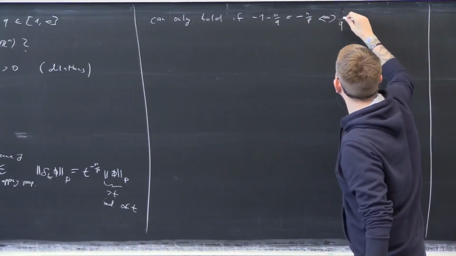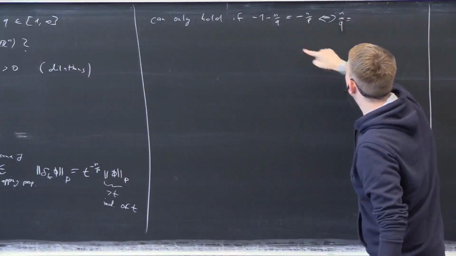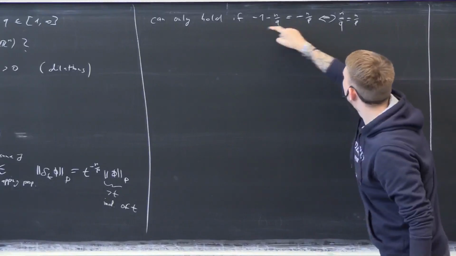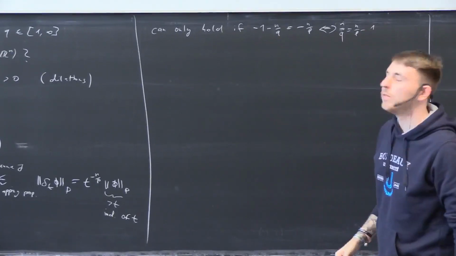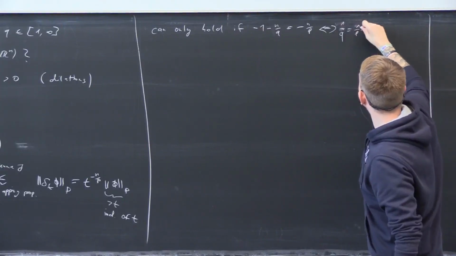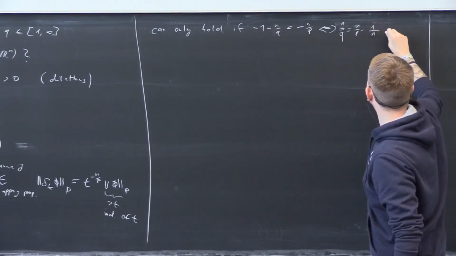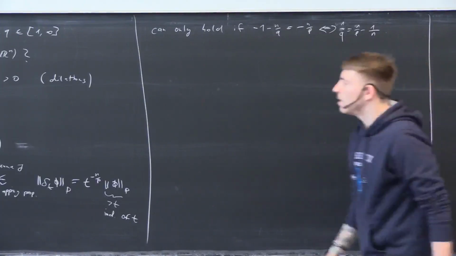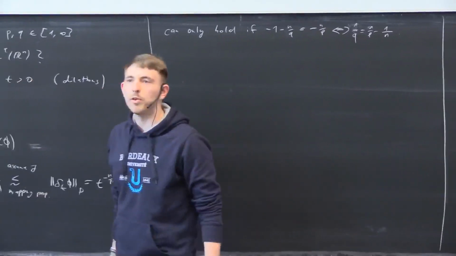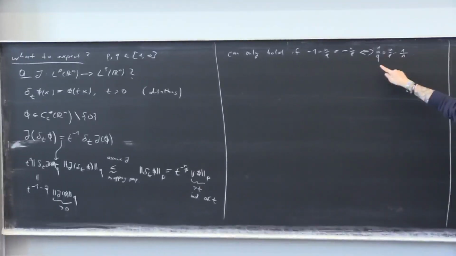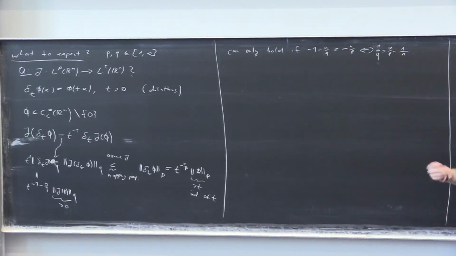Here we get minus n over q is equal to n over p minus 1. Then we also divide by n. So this becomes a 1, this becomes a 1, this becomes 1 over n. Okay, so we can have L^p to L^q boundedness for J only if Q is given, or 1 over Q is given, by this relation, which only depends on P and dimension. So this is the first observation.